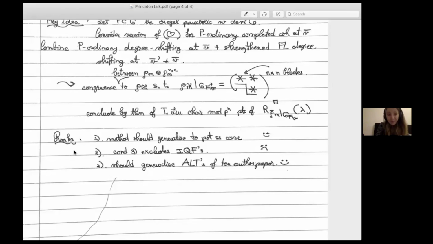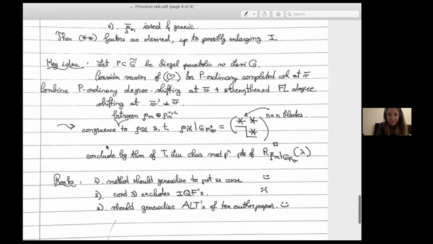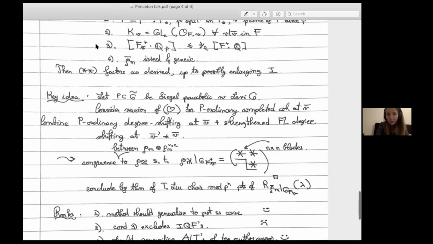The really bad thing about this theorem is that condition 3 excludes the case of imaginary quadratic fields. For imaginary quadratic fields, you only have one prime above p. There are no auxiliary primes.